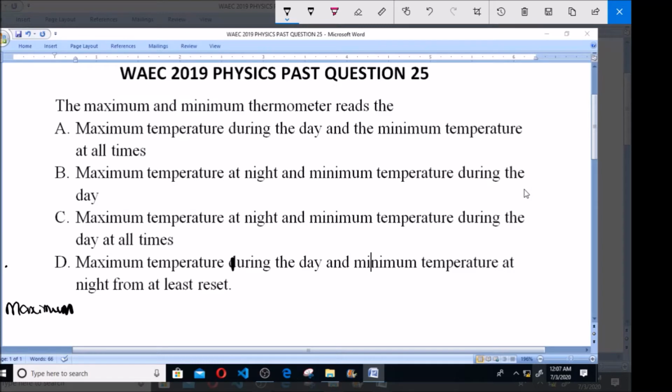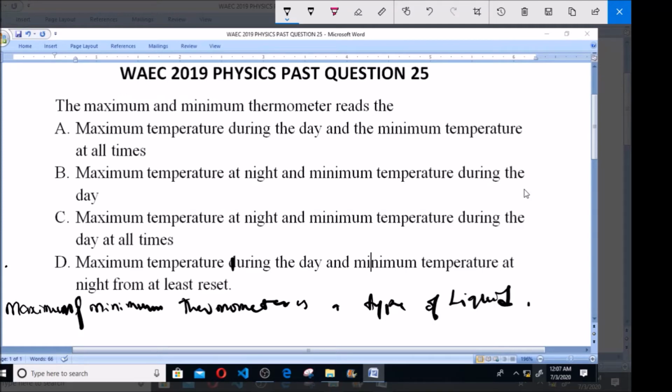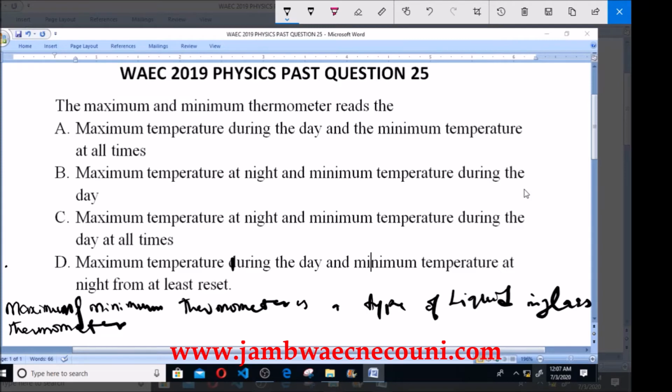So we can comfortably say that the maximum and minimum thermometer is a type of liquid in glass thermometer used by weathermen.